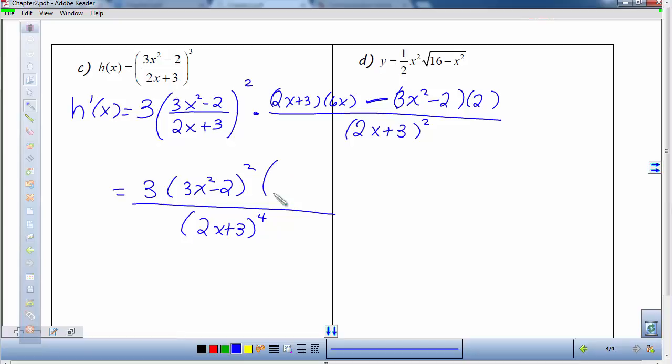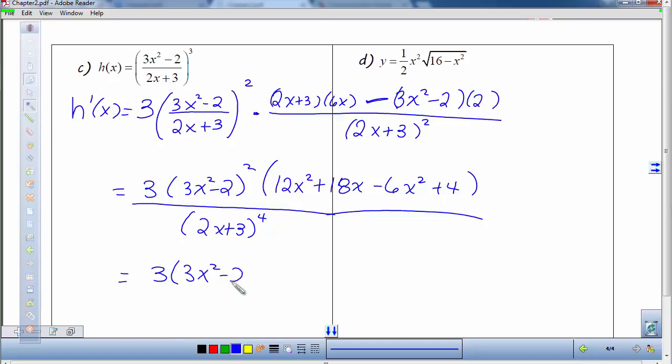And then I don't see where I can do any of my fancy factoring over here, so I just got to jump in. We get 12x squared plus 18x, minus 6x squared, and that's going to be plus 4, or 3 times 3x squared minus 2 squared. 12x squared minus 6x squared is 6x squared plus 18x plus 4, right?